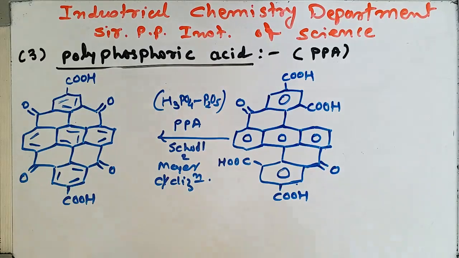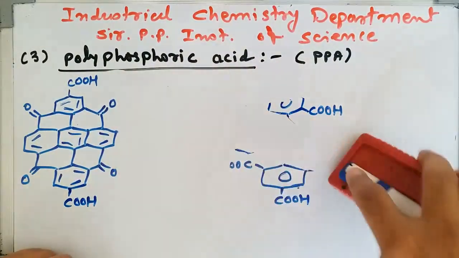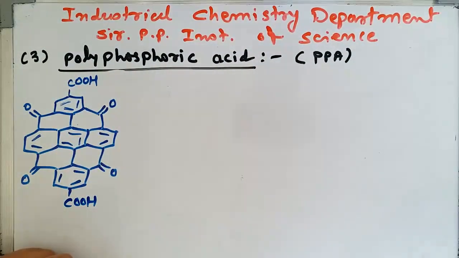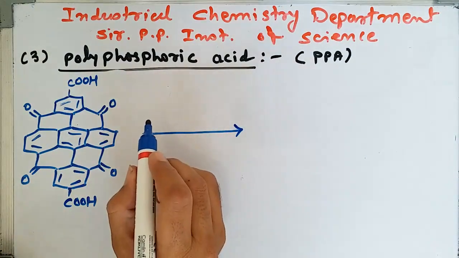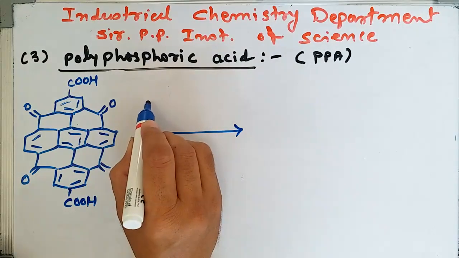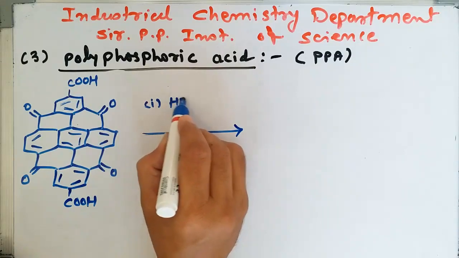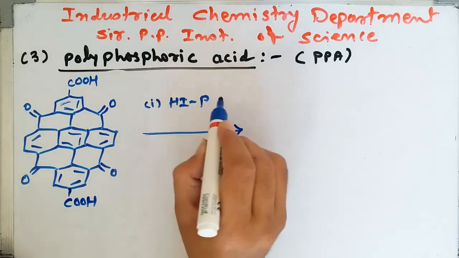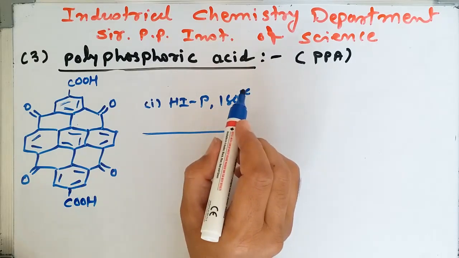And this dicarbocyclic compound is treated with HI or phosphorus. In the first step, it is treated with HI at 180 degrees Celsius.